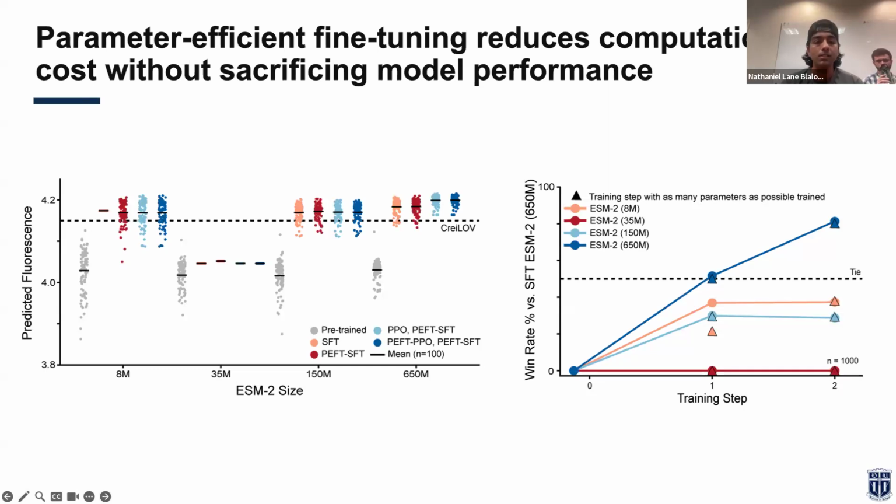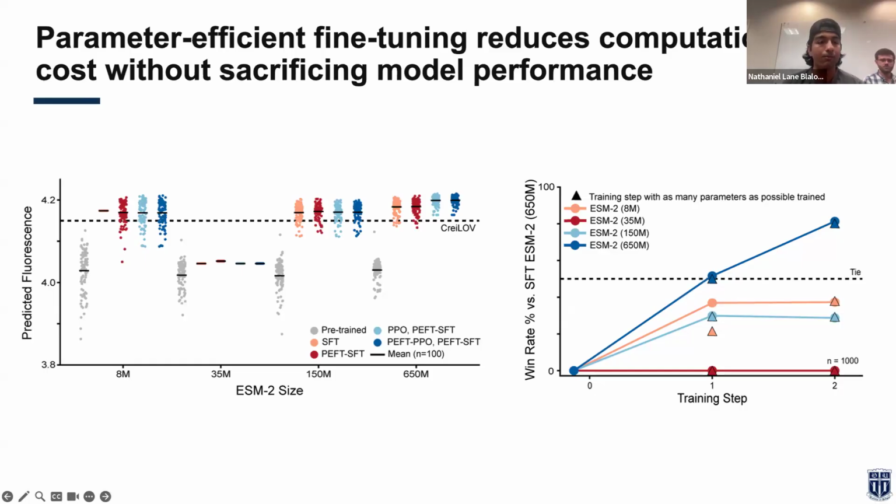Oftentimes, conventional thinking would dictate that if you update all of the parameters, your model is better suited for the downstream task at hand. When we looked into PEFT during both the SFT and PPO phases of training, we saw that across model sizes, that actually wasn't true in our hands.